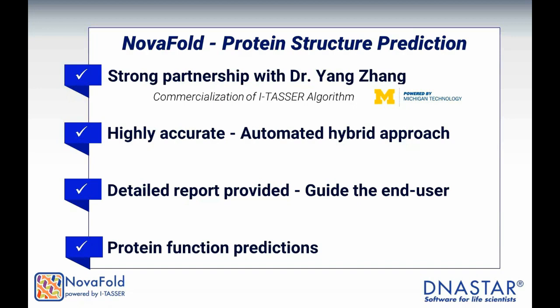We're very proud of that responsibility, and we take it very seriously. When I mentioned before that I-TASSER is a hybrid approach, it goes beyond just homology modeling style approaches.